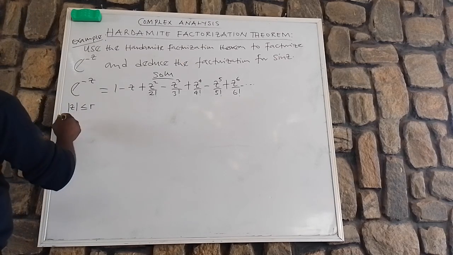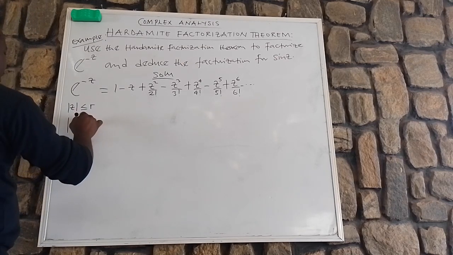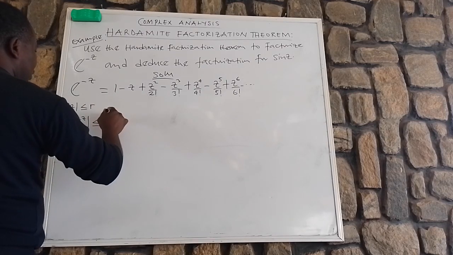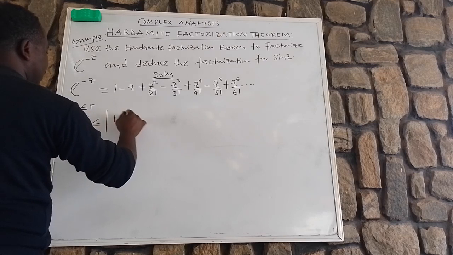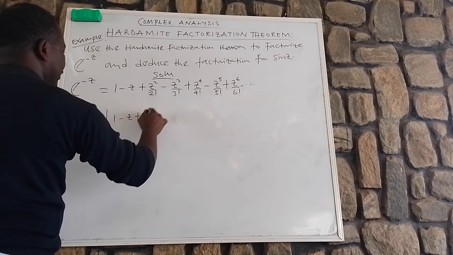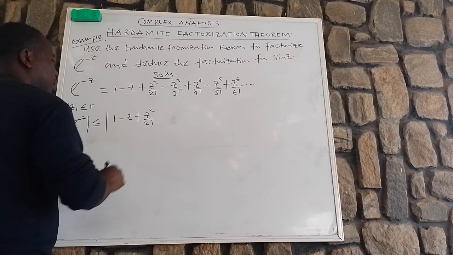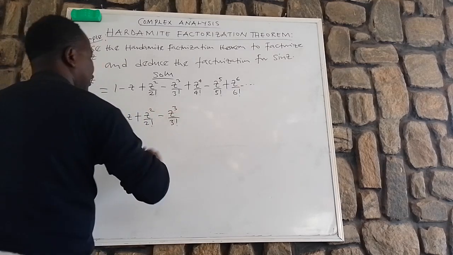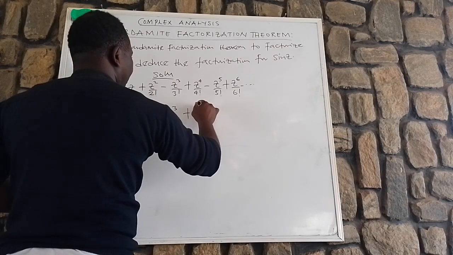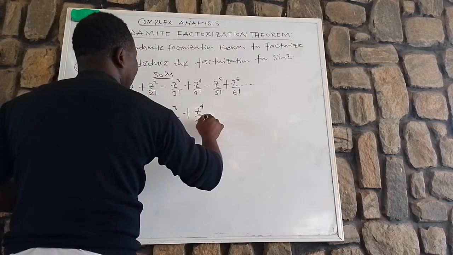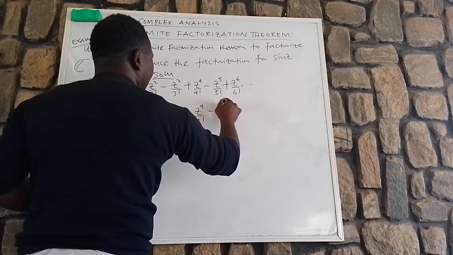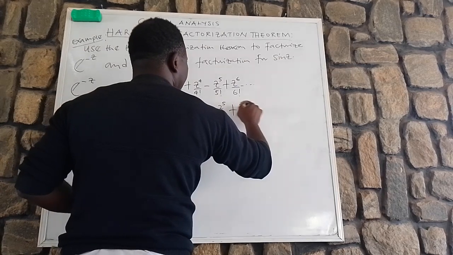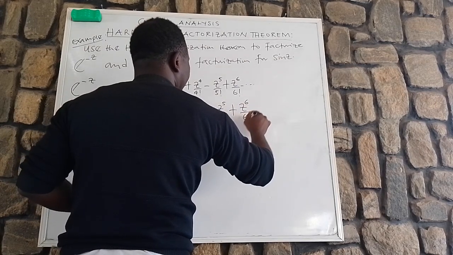So definitely mod of exponential minus z will now be less than the modulus of 1 minus z plus z squared all over 2 factorial minus z raised to power 3 all over 3 factorial plus z raised to power 4 all over 4 factorial minus z raised to power 5 all over 5 factorial plus z raised to power 6 all over 6 factorial minus, the modulus.